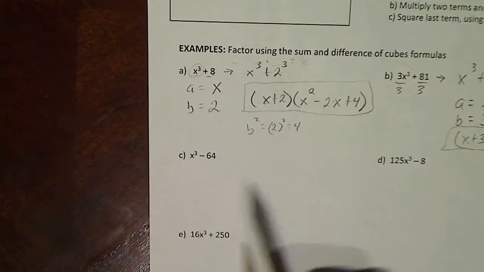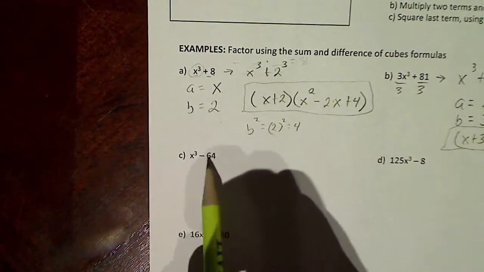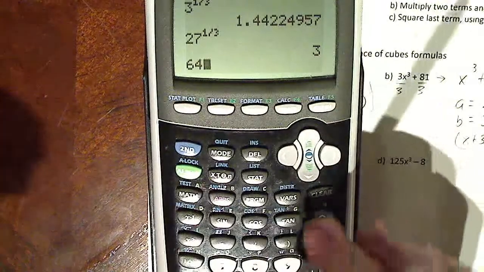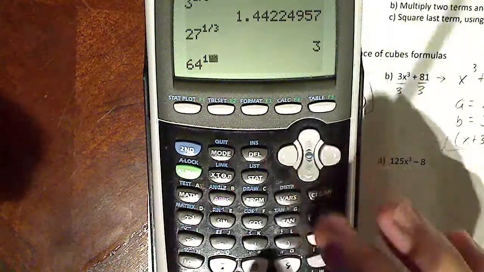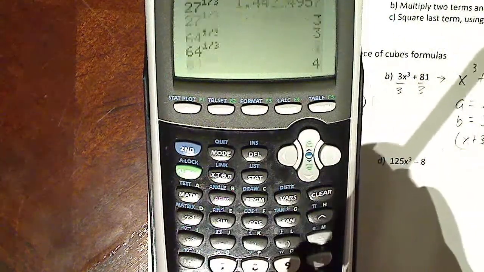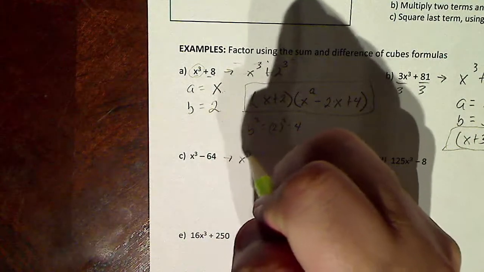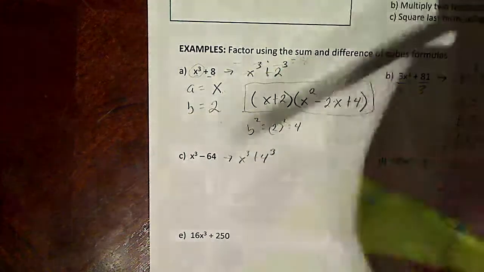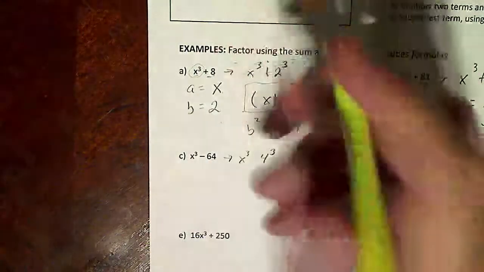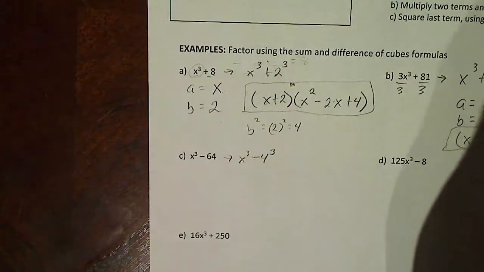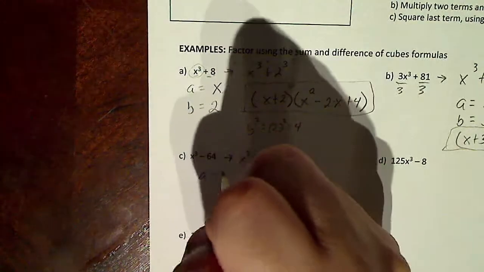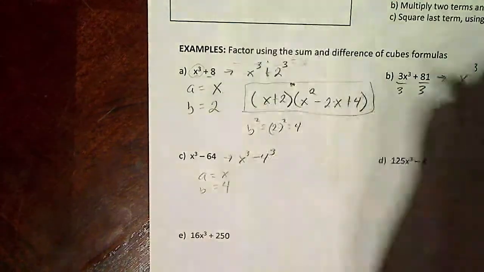Okay, same difference. x cubed and 64, so what's the cube root of 64? Again, I'm just going to show you. It's 4. So this is the same thing as x cubed minus 4 cubed. Sorry, not plus, minus. So we know that a is x and b is 4.